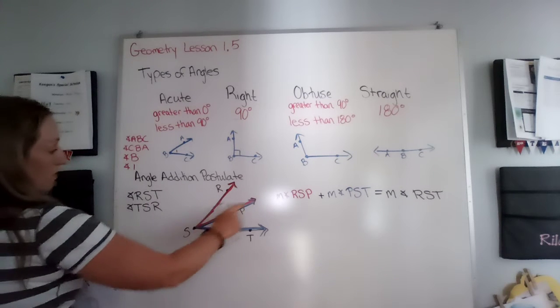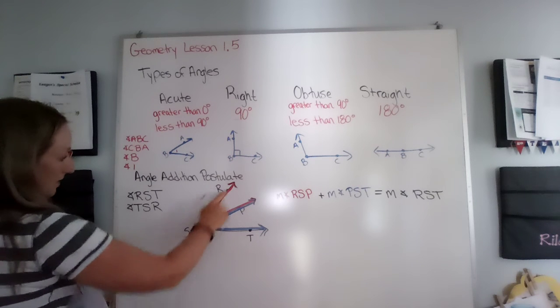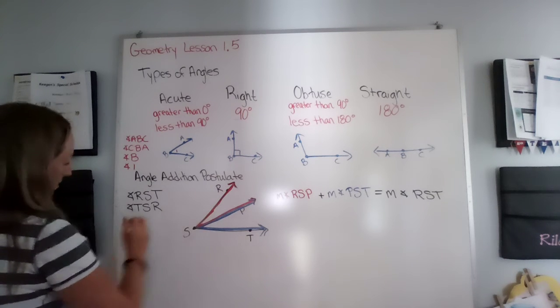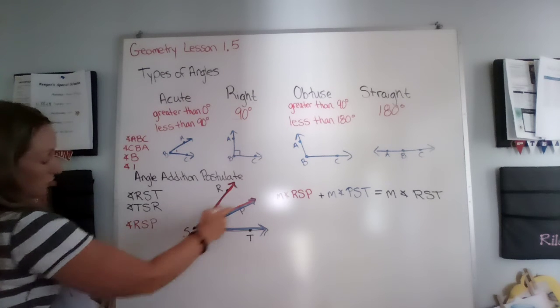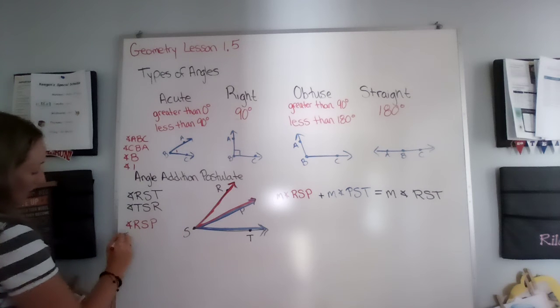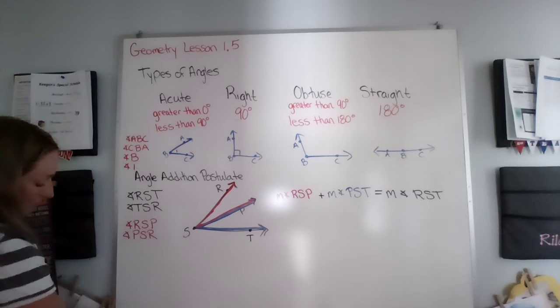Moving on to the red angle, I could name the red angle, angle RSP. That's this angle right here. So angle RSP. Or I could trace it in the reverse order and name it angle PSR. The vertex letter is in the middle. It's the only two ways to name the red angle.